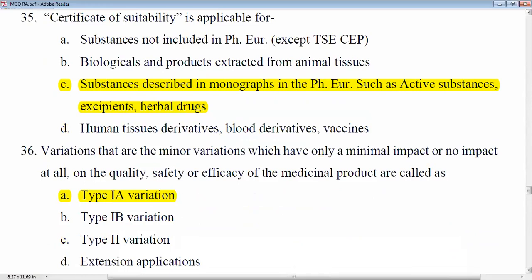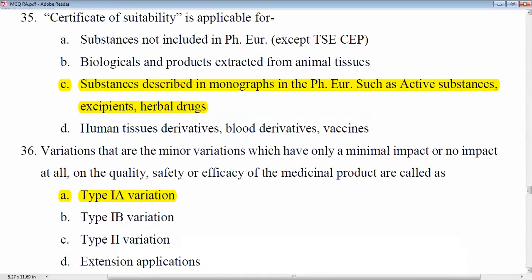Certificate of suitability is applicable for: option A is substances not included in PhEur except TSE-CEP. Option B is biologicals and products extracted from animal tissues.